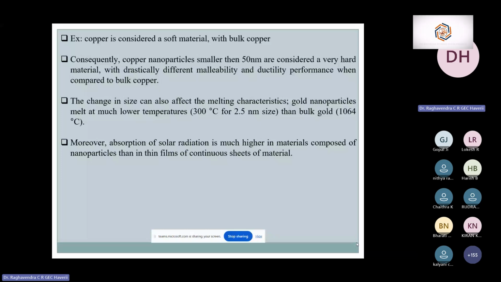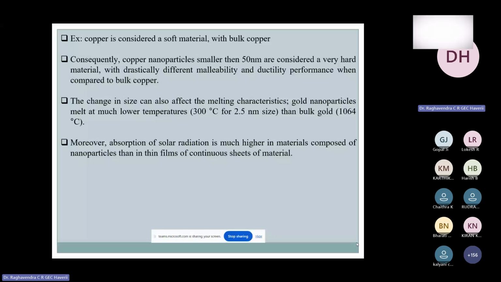Likewise, with gold, when you take gold particles at the nano level, the shine doesn't remain the same as bulk gold. Consequently, the properties certainly change at the nano level.